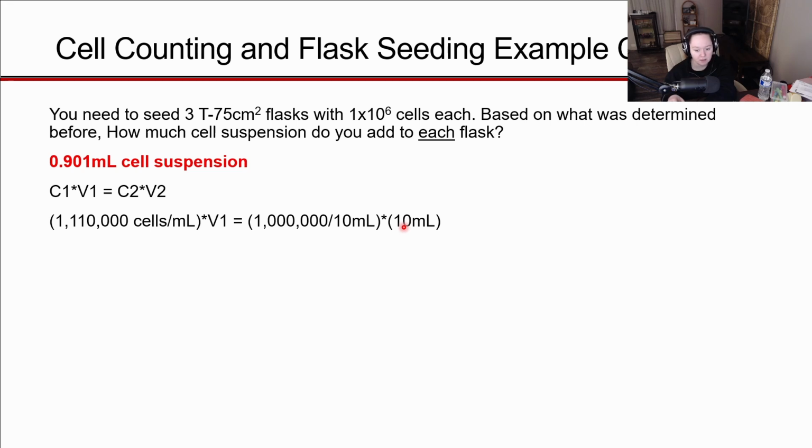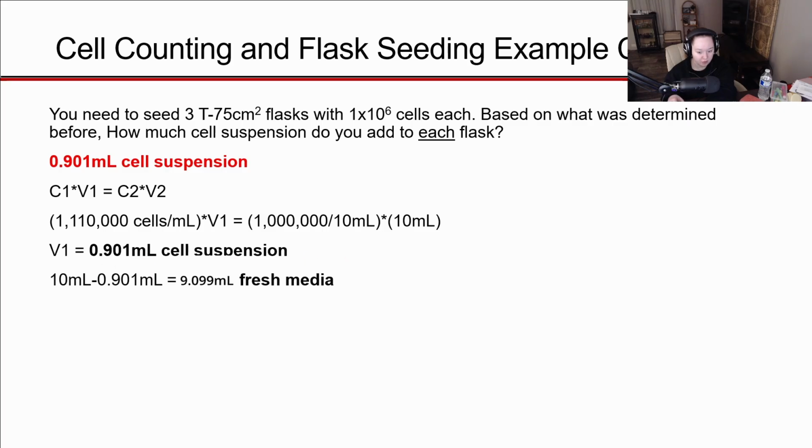But anyways, continuing on, solving this would give you that V1. And then furthermore, if you're adding this cell suspension to a T75 flask, you would need to add 10 milliliters minus 0.901 milliliters of fresh media to bring that flask to the working volume.